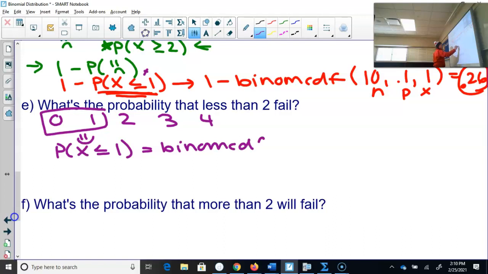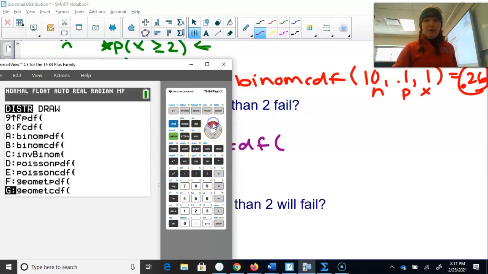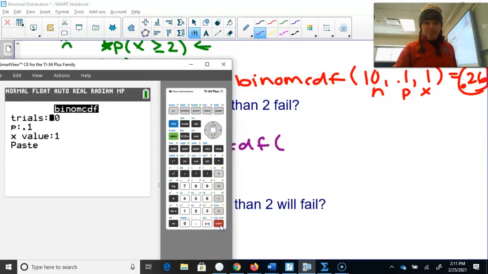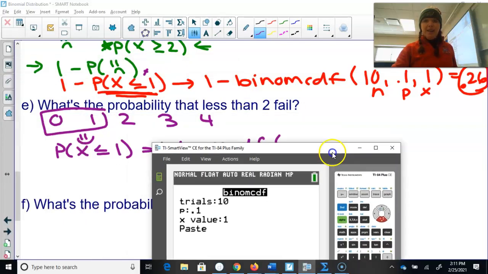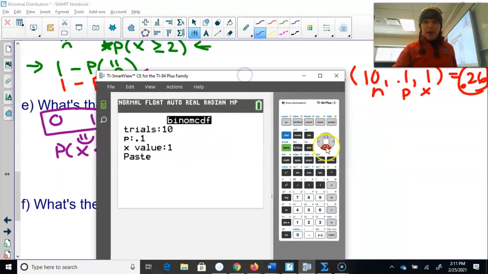Again, this is how we're gonna show our work on a test, guys. Binomial CDF, we're gonna go to our calculator again. Second vars, binomial CDF, hit enter, okay? Our trials are 10, our probability is 0.1, and our x value that we have right here in our inequality, that's why it's important to write that inequality out, is 1.